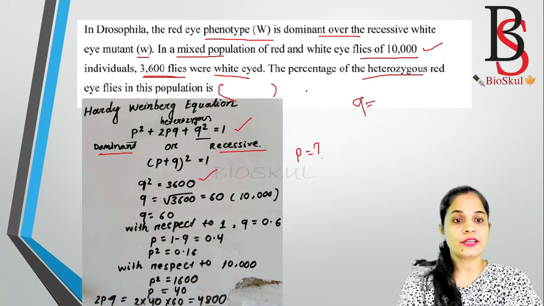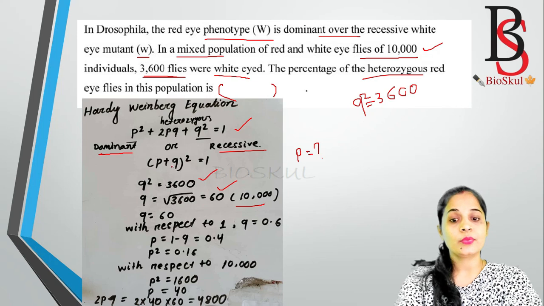If q squared is 3,600, then q will be 60, calculated with respect to a population of 10,000. If we calculate with respect to 1, what will be the value of q? It will be 0.6. If q is 0.6, then we can calculate the value of p. p is equal to 0.4.